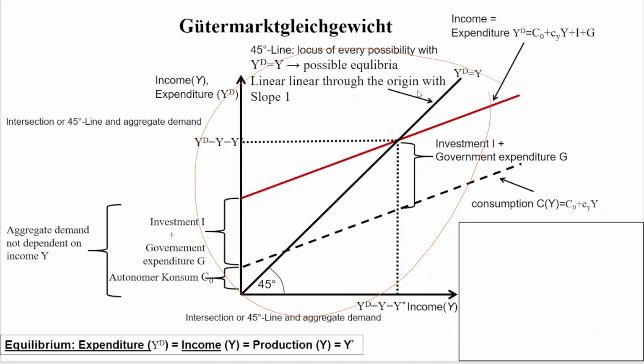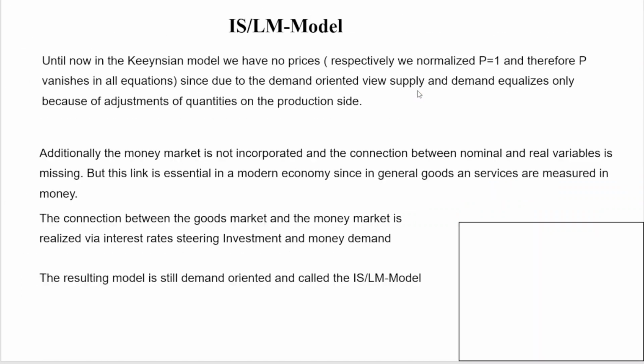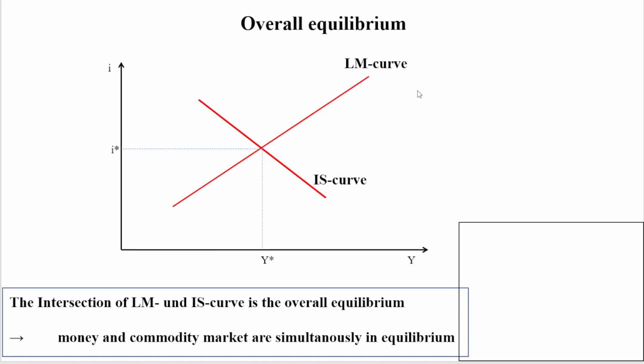So if you can explain what happens if we make an increase of government expenditure, upward shifting of demand curve, and then also in the ISLM curve, well, that you can explain this diagram and what happens, this shift of these two curves, if we make monetary policy or fiscal policy.